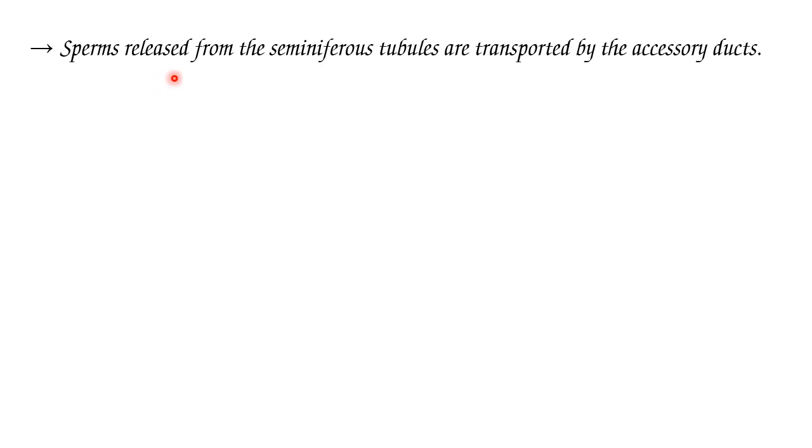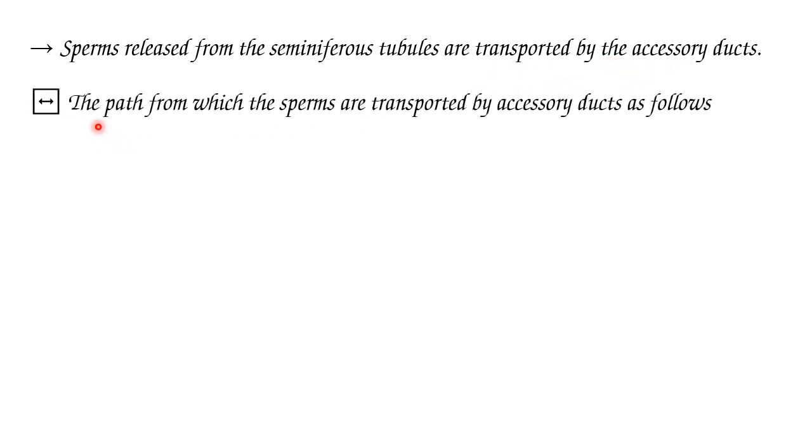Sperms released from the seminiferous tubules are transported by the accessory ducts. The path is as follows.